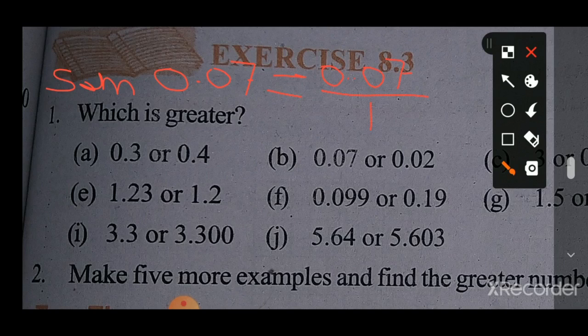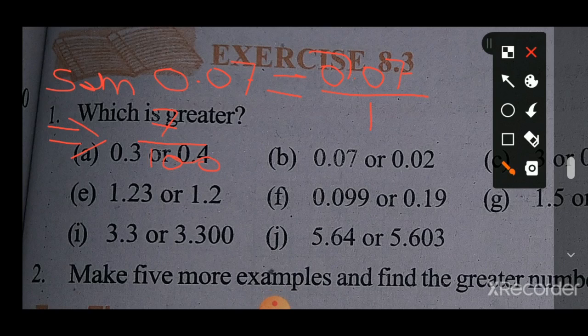Now we remove decimal, after the decimal there are two digits, so we can write two zeros with this one in the denominator, so it is 7 upon 100.